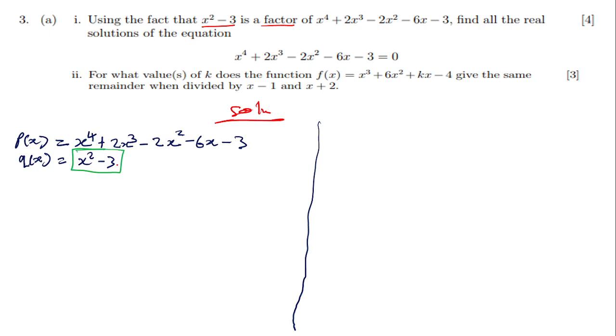But before I use the other method, I need to make sure that I check if all the degrees are okay. For P, I have x to the power 4, so I check 4, 3, 2, 1, 0. All the powers are fine. But if you look at Q of x, it has degree 2, there is no 1, but there is 0. So I can rewrite Q of x to be equal to x squared plus 0x minus 3.